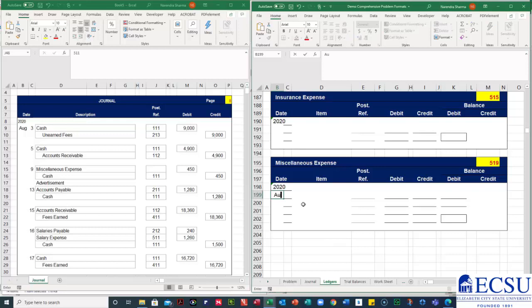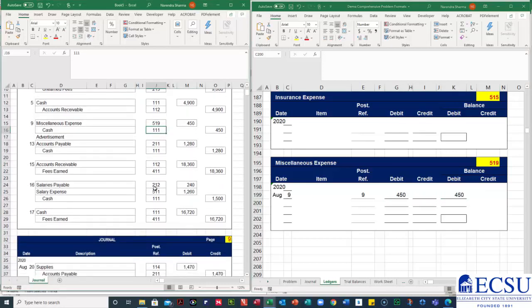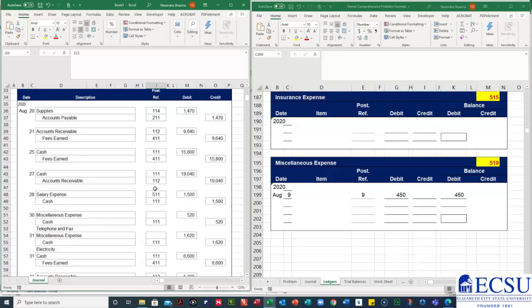So this is August, and the first miscellaneous was on the 9th. So I'm going to write 519. Okay, August 9, page 9, and the amount was a debit of 450 and a balance of also 450. All right, now that's miscellaneous. Now let's move on and check another miscellaneous.